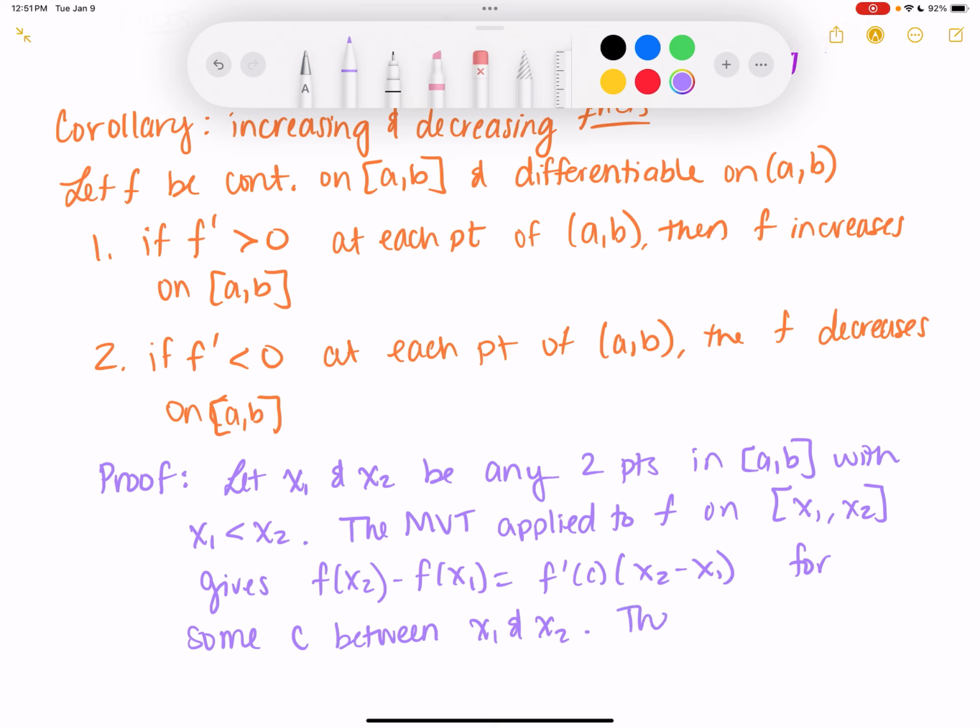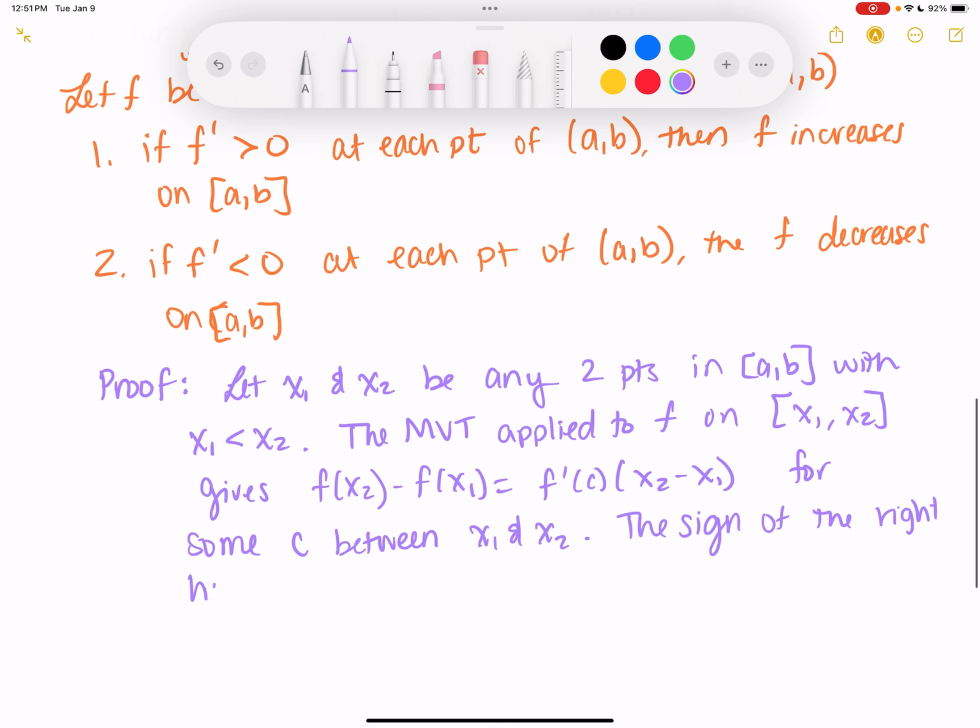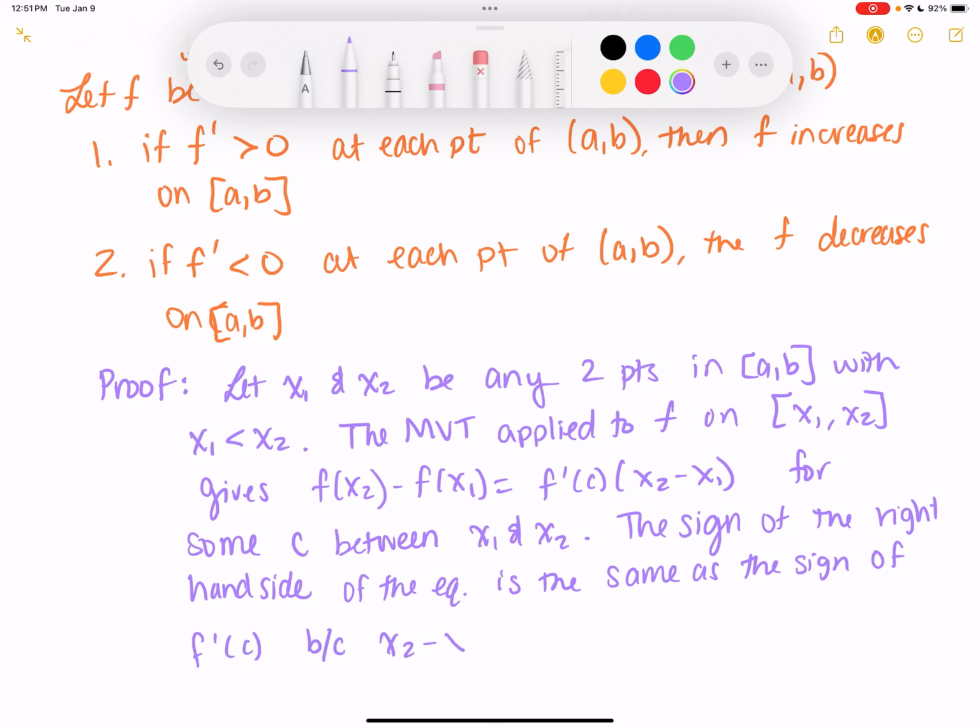The sign of the right hand side of the equation is the same as the sign of f prime of c because x2 minus x1 is positive. Okay, and we know that because x2 is greater than x1.